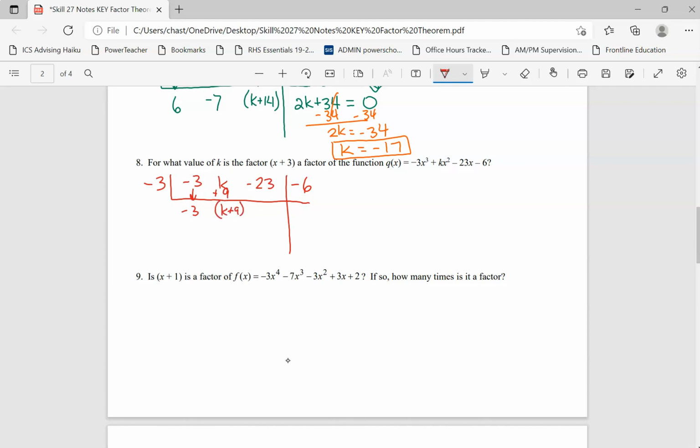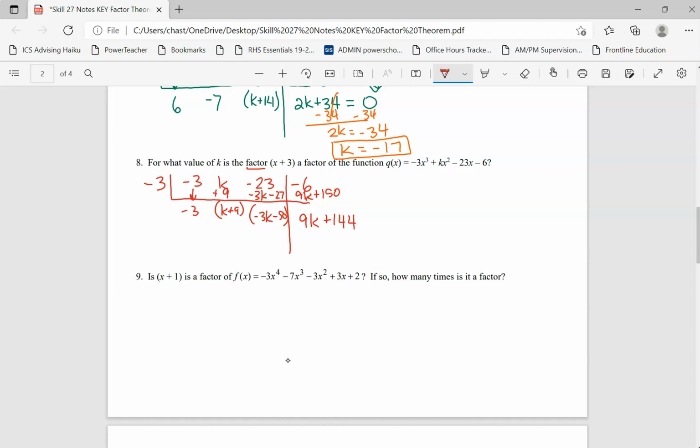Multiply that by negative 3, and you get negative 3k minus 27, which gives us negative 3k minus 50. Okay, negative 3k minus 50 times negative 3 is going to give me 9k, so I'm distributing here, plus 150. So I end up with 9k plus 144.